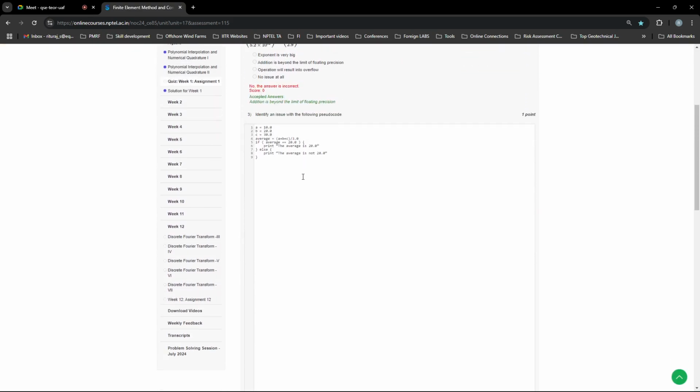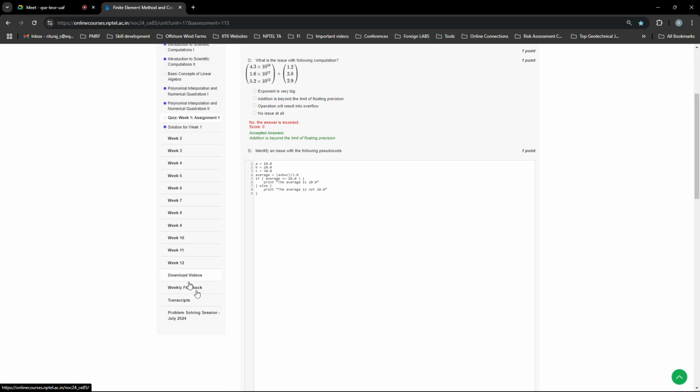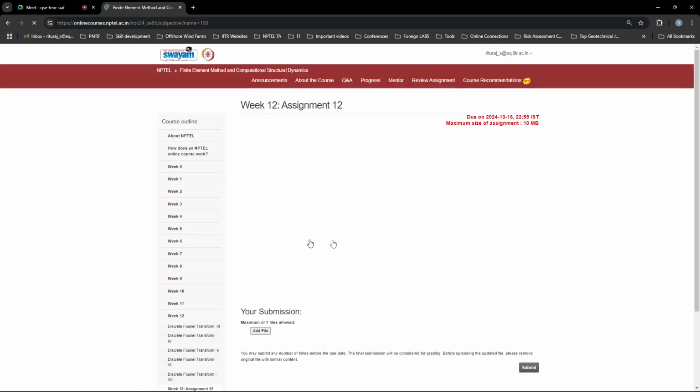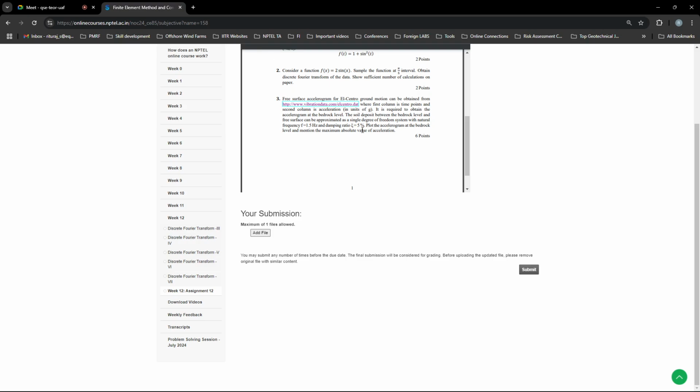Is it that question? Identify an issue with the following pseudocode. Oh, sorry. It's week 12. Week 12 assignment 12. Okay.